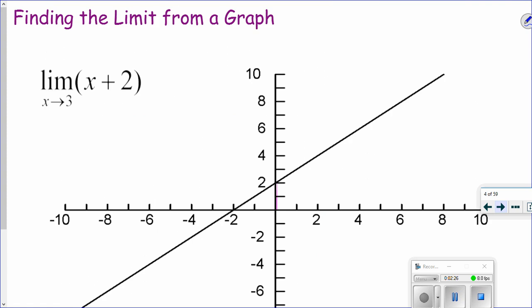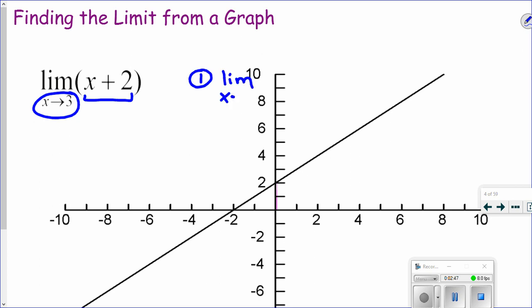So if we look at this problem, this is just a simple line. The line's x plus 2, and it's already graphed for us. And we want to know the limit as x approaches 3. In order to show that the limit exists, we have to show that the limit from the left exists.